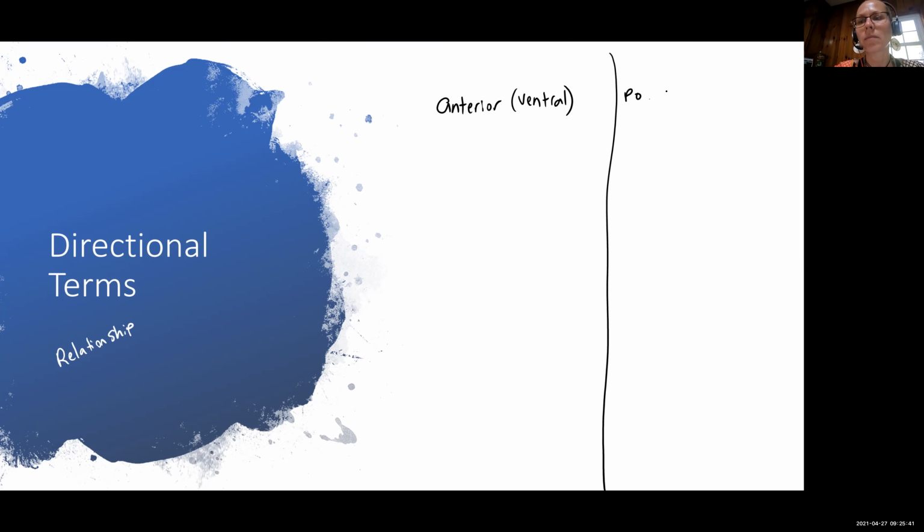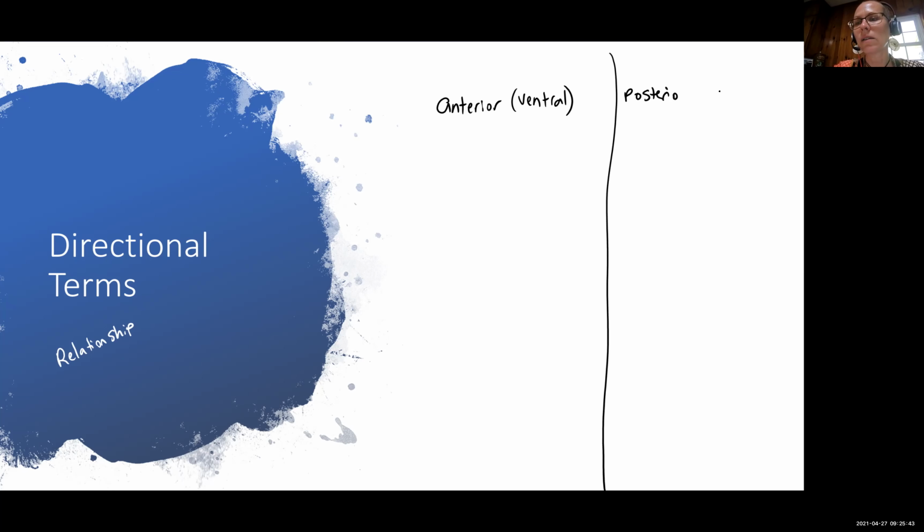Now we will see these are opposites of each other. So we have the term anterior, or you can use the term ventral. For our purposes, we'll think of these as interchangeable. And then the opposite of this, so we'll just draw a line like this, would be posterior.